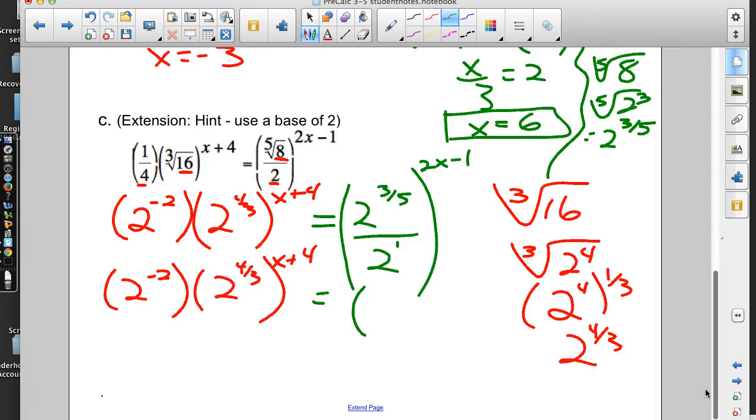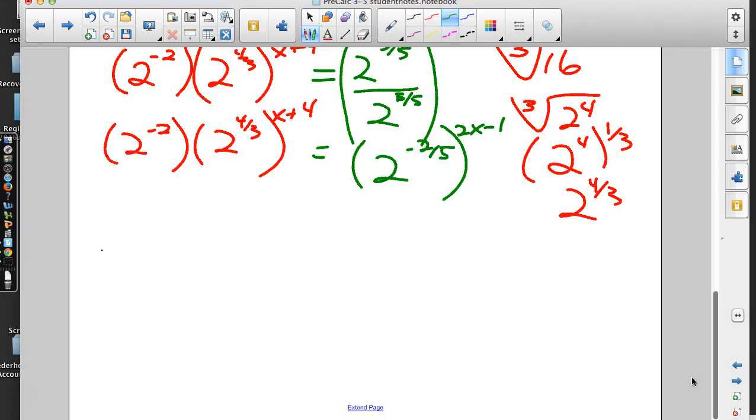But realize that over here, I'd have to subtract 3/5, and 1 is the same thing as 5/5. So 3/5 minus 5/5 would be a negative 2/5.